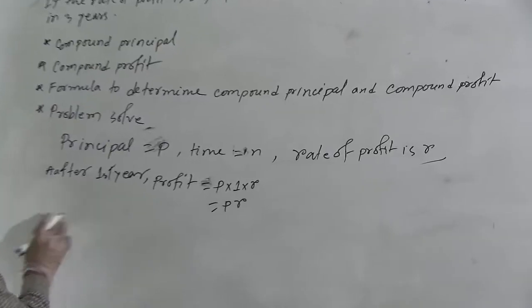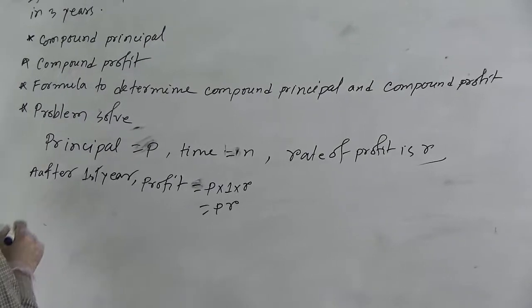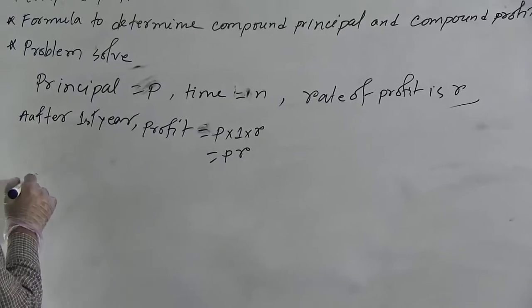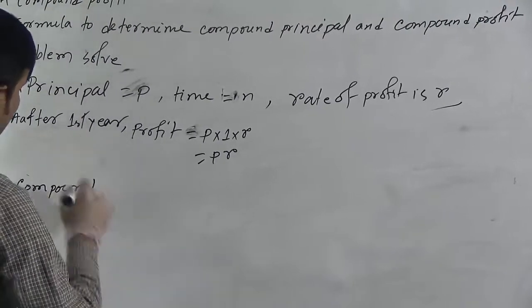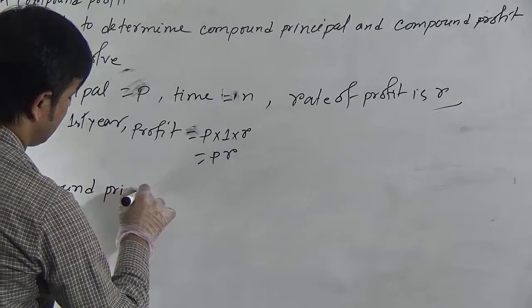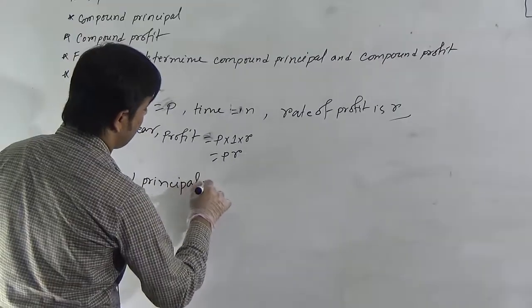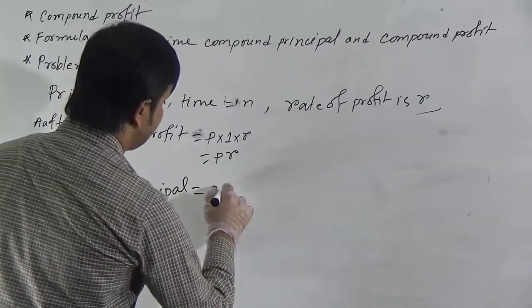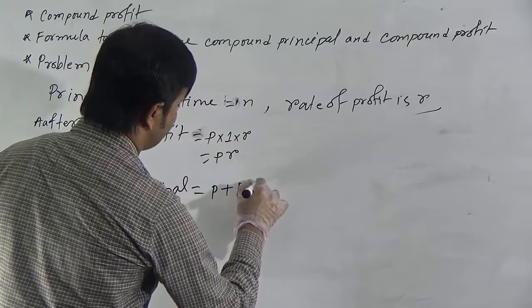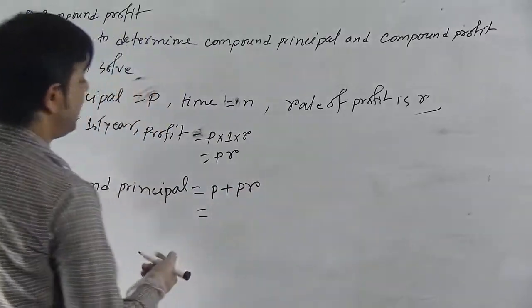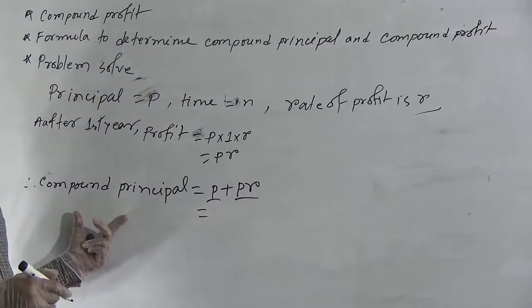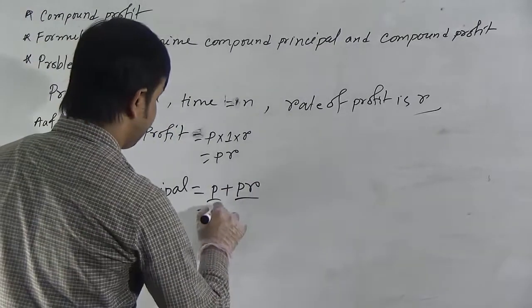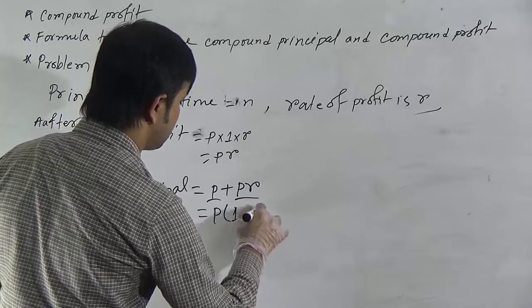So after first year, compound principal is P plus PR. It means we have to add the profit with the principal to get the compound principal. Now take P common, it will be 1 plus R.